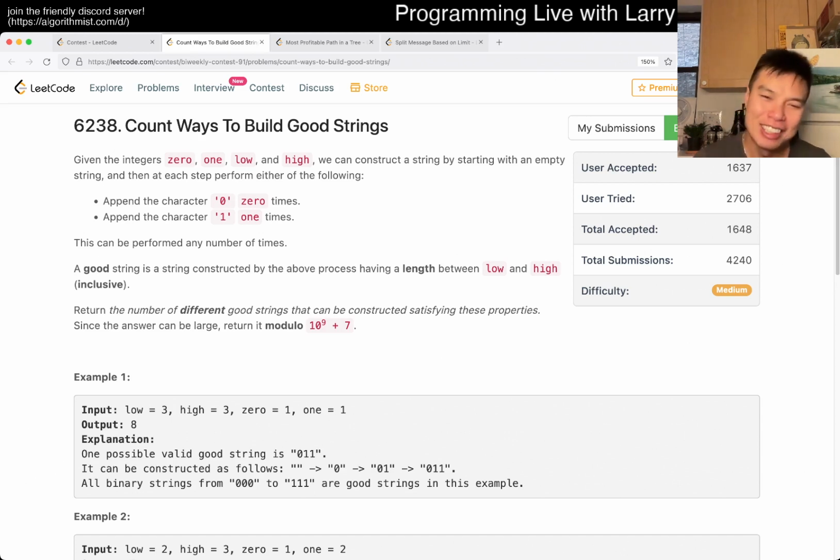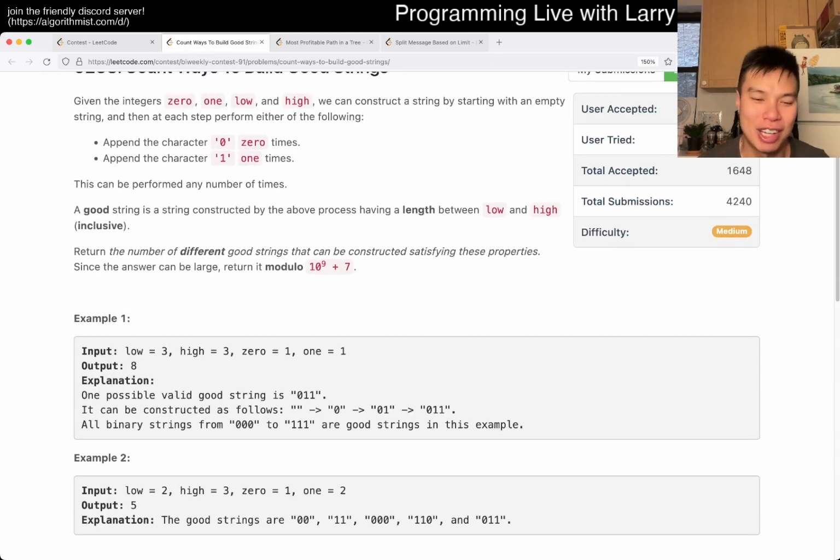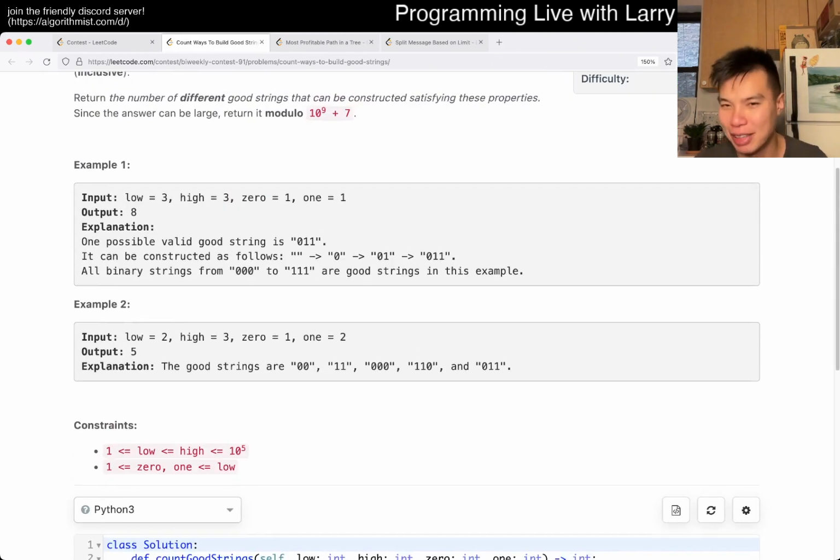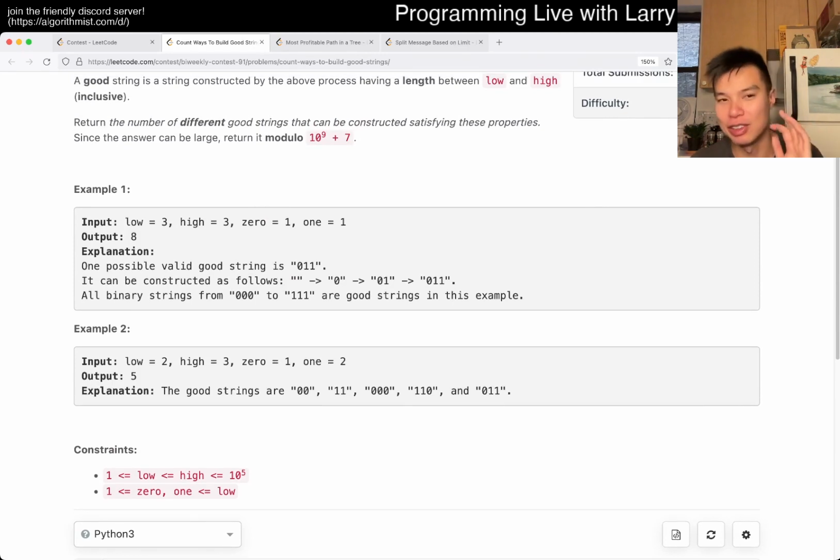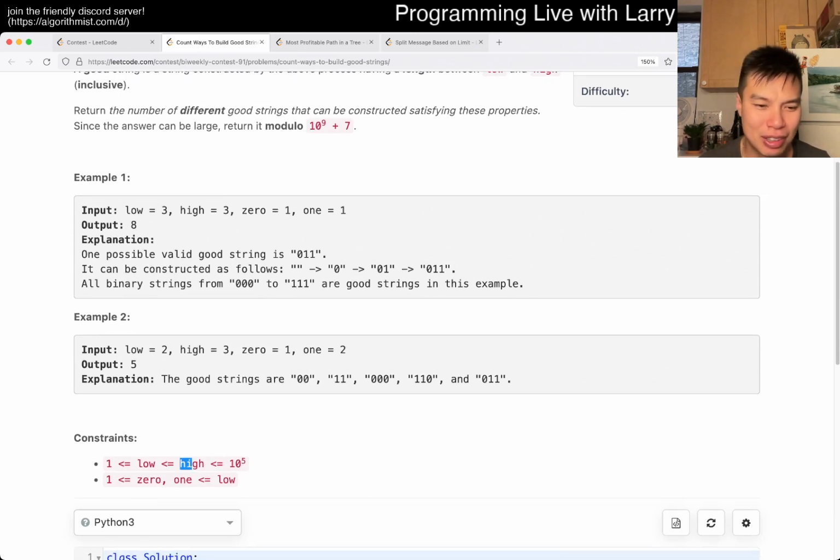If Josh is watching this, or a couple of people in my Discord, they'll also mention the matrix multiplication one. We're not going to talk about it per se, just because the lows and highs can be pretty big, but maybe there's a way to do it that way.